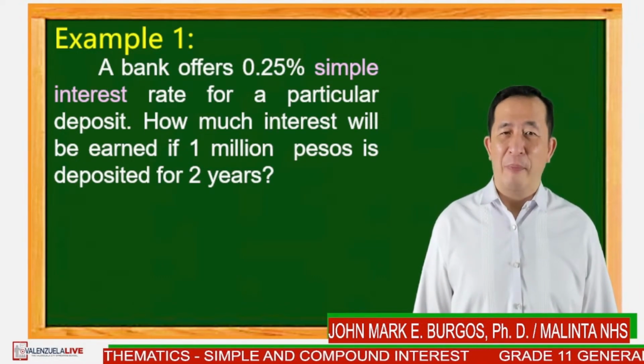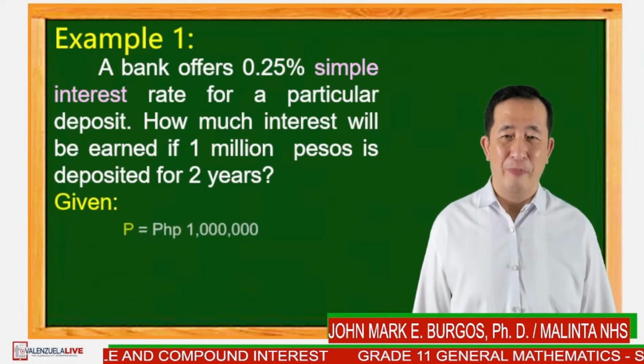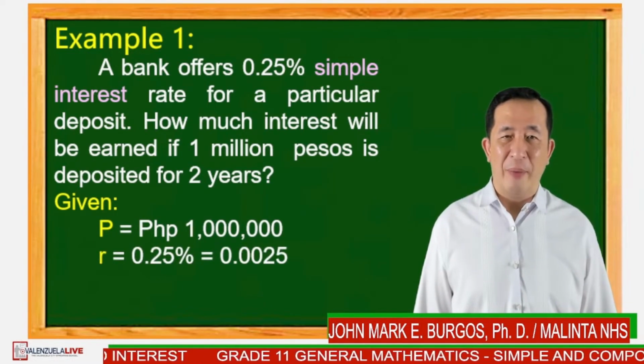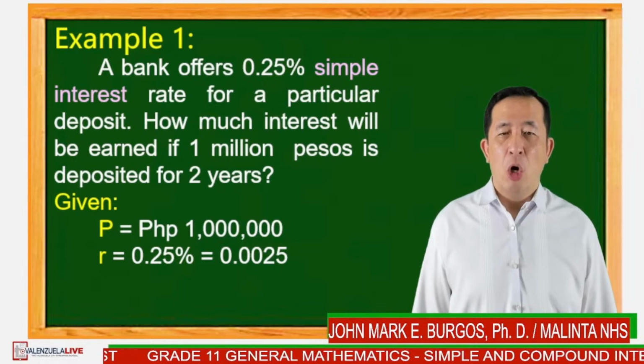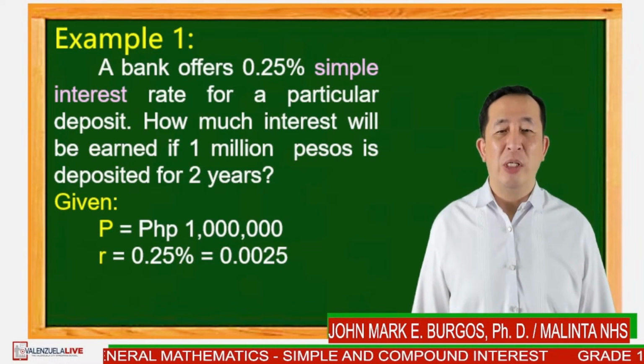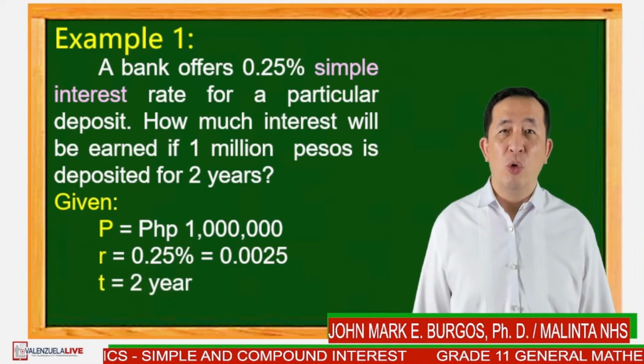So, from the problem, we have the given P, which is equal to 1 million pesos, R or rate, which is 0.25%, or if you convert that into decimal, it will be 0.0025, and T is equal to 2 years.